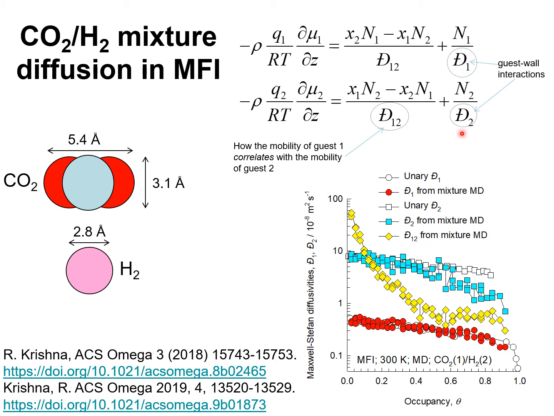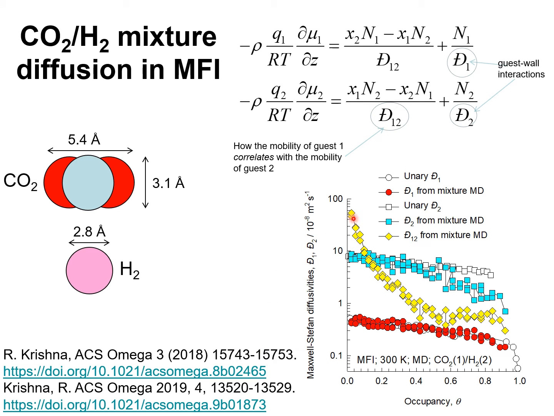This is a persuasive advantage for use of the Maxwell-Stefan formulation, because these diffusivities representing guest-wall interactions in a mixture have the same magnitude as the unary diffusivities, provided they are compared at the same pore occupancy. This is explained in detail in the publications listed here.